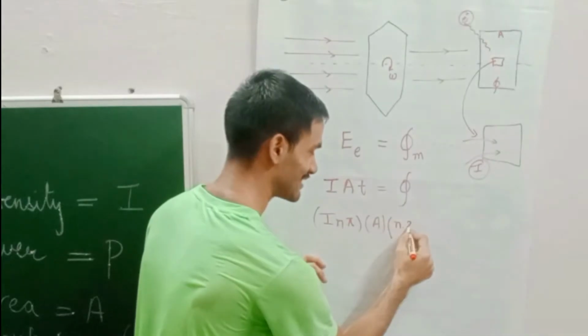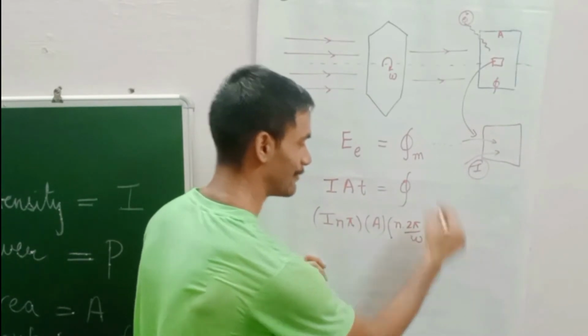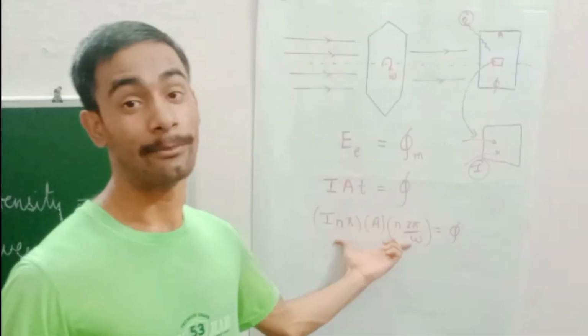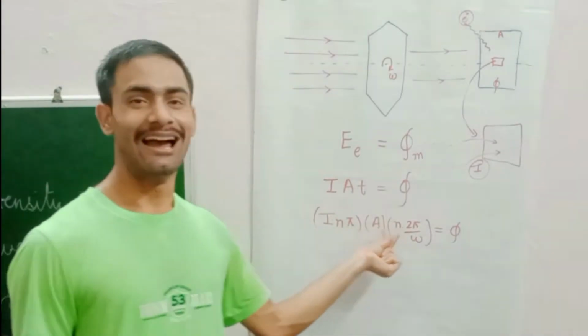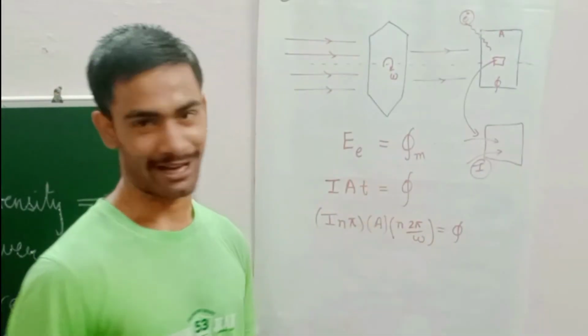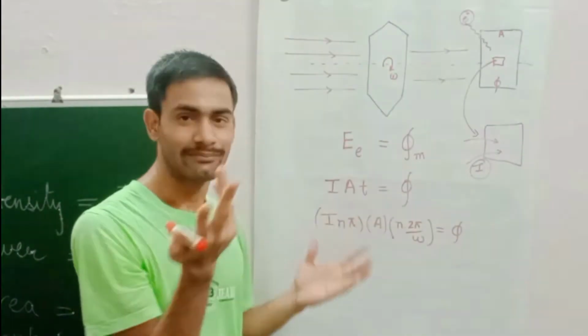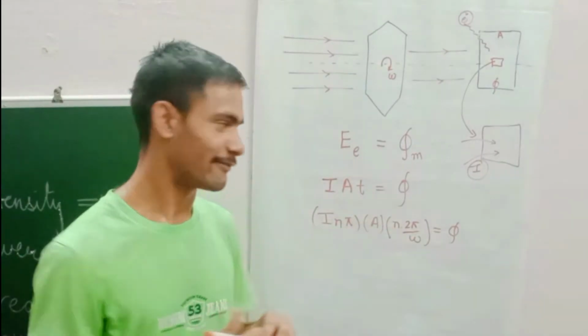Okay, this I n pi A times 2 pi by omega is equal to the metal work function. So now all the ambiguities have been resolved. Now what I have to get is n. So simply n can be found from there.